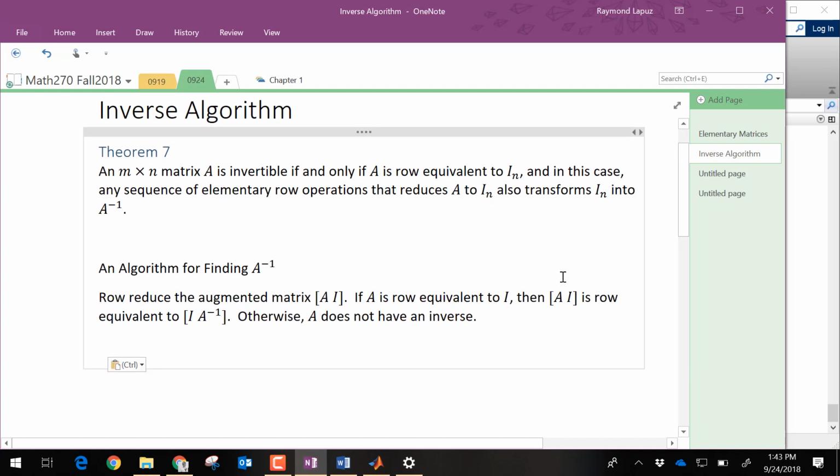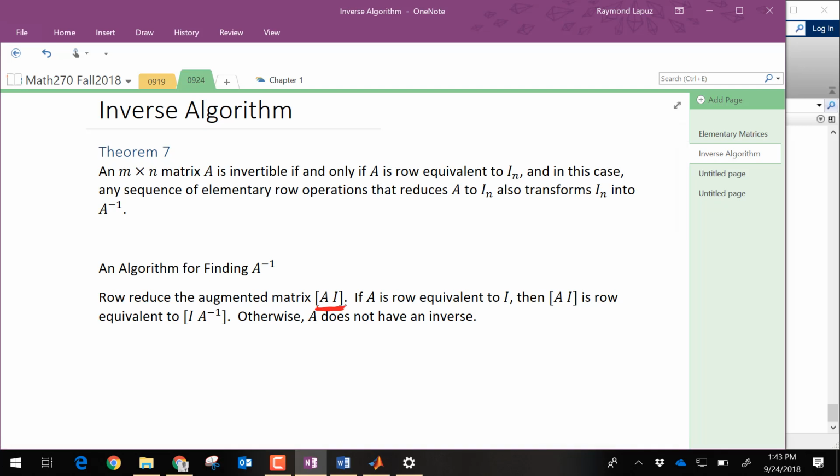So the basic idea is to have you write your matrix next to the identity matrix. And then when you do these row operations, imagine doing the row operations on A to get the identity. And what you're essentially doing is you're also multiplying the identity times all those things.